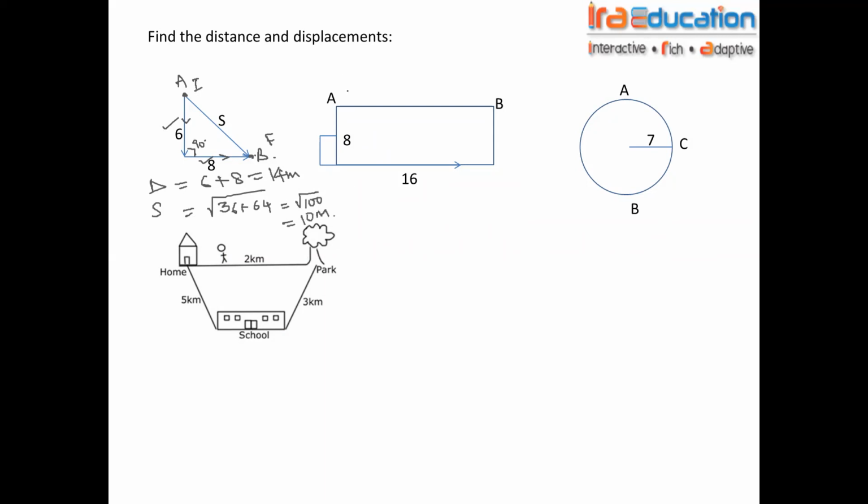Like that, this body is traveling from A to B along this path. Try to find the distance and the displacement. Even this body is traveling from A to B first along this path, again from A to C along this path. One second, let me write. From A to B and from A to C.